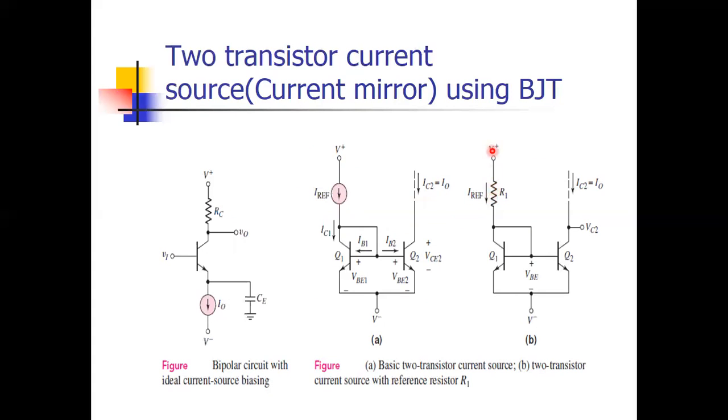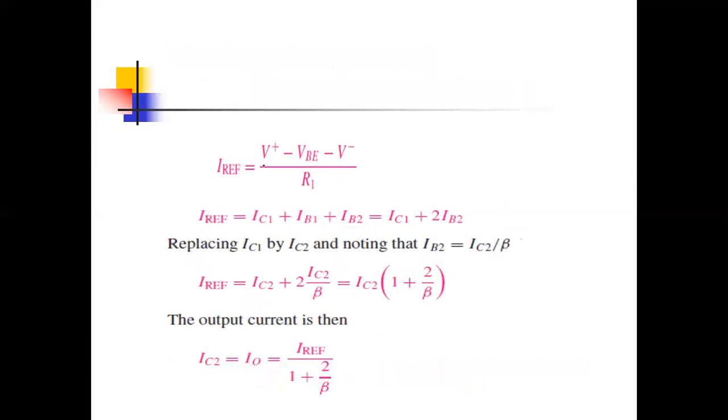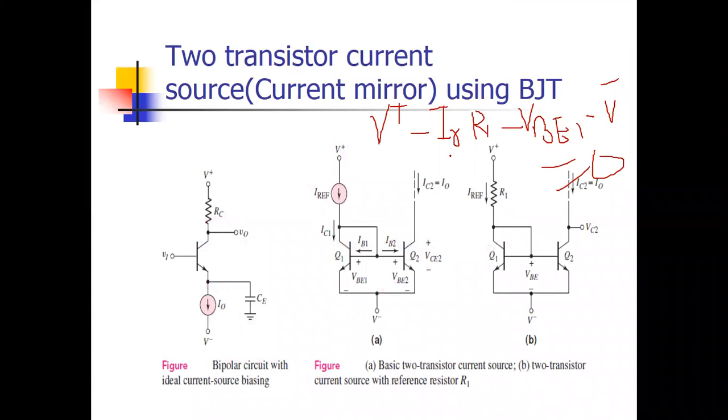So the equation will be V positive minus I reference into R1 minus VBE1, or VBE2, you can write either because these two are identical transistors, minus V negative equals 0. So from this equation you can calculate I reference.